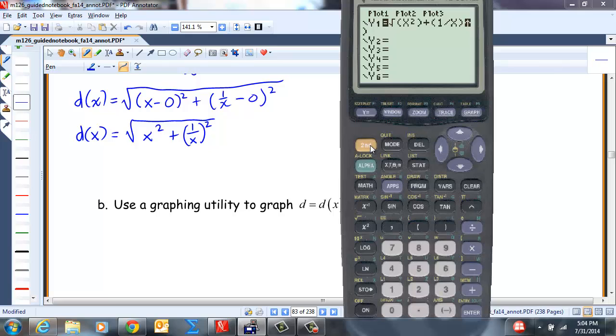So we've got to go second, insert. There we go. I think we've got it now. Oops, I must have missed something. Let's see what we have. Oh, okay. I need to add in another parenthesis here. Okay, so if we graph this, this is what it looks like.